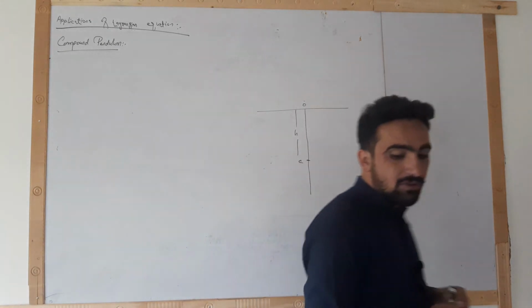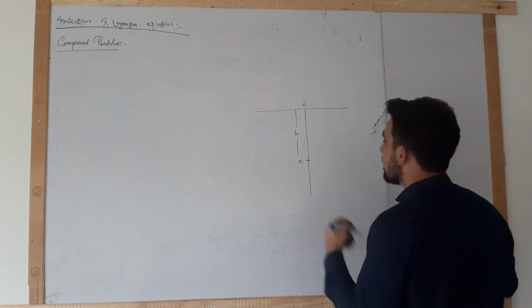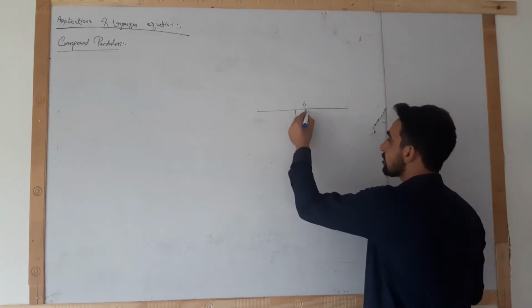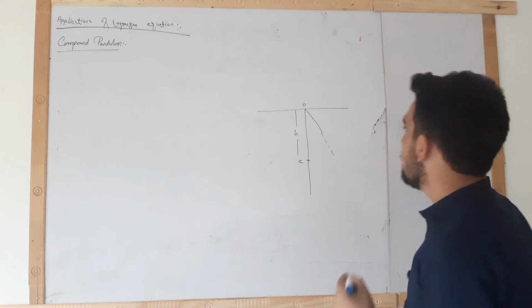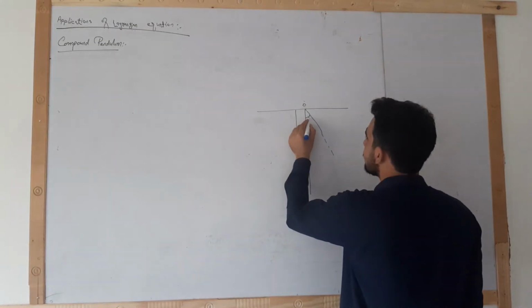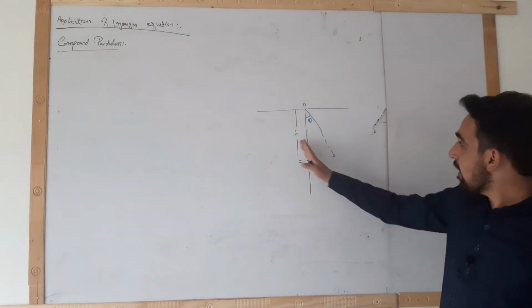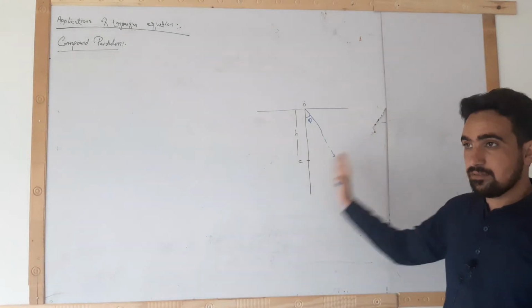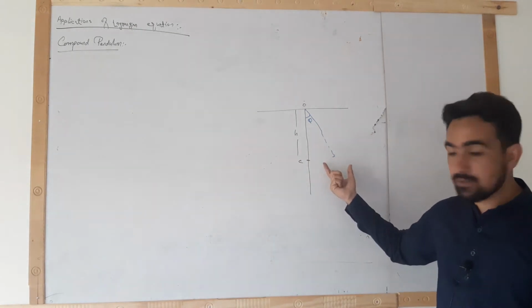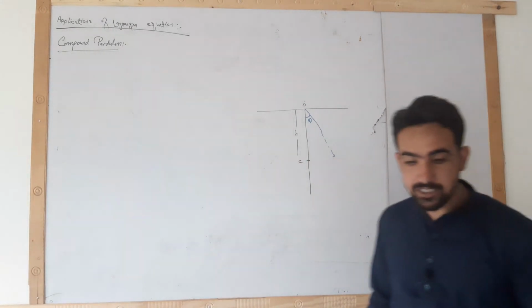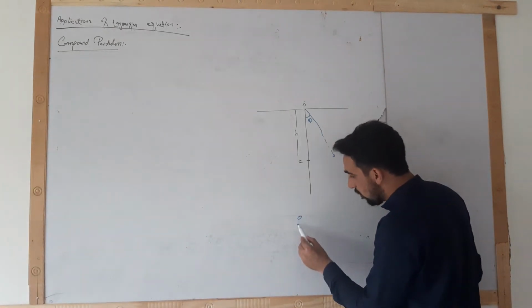I am about to oscillate this compound pendulum through a small angle, say theta. Now, when I have oscillated this system, it will move in a to-and-fro motion, or simple harmonic motion, about the mean position.